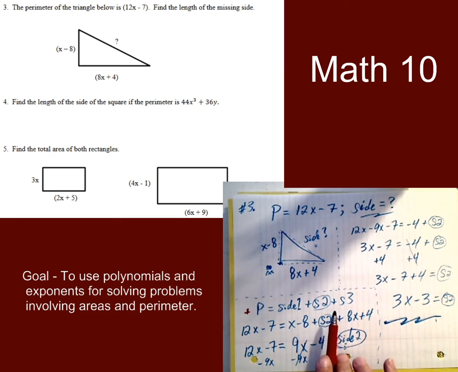Okay, we said the total is 12x minus 7. The one side's x minus 8. The other one is 8x plus 4. And now the rules come in, so you simplify this side. Simplify being another word for collecting like terms. So we get our 9x, and then we get minus 4.